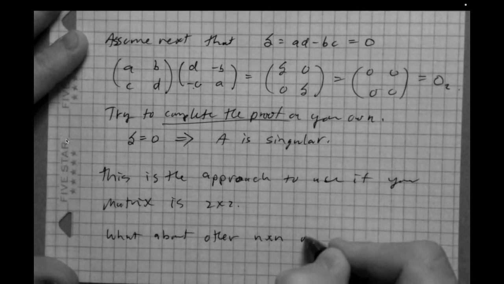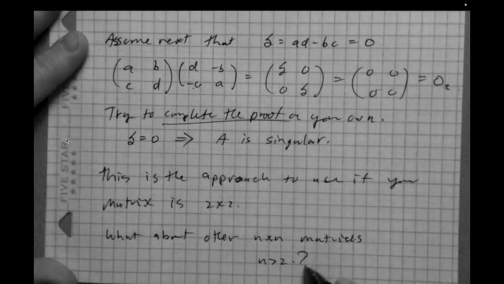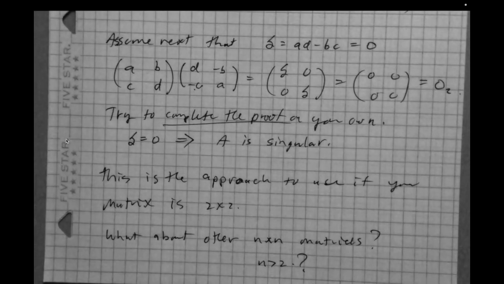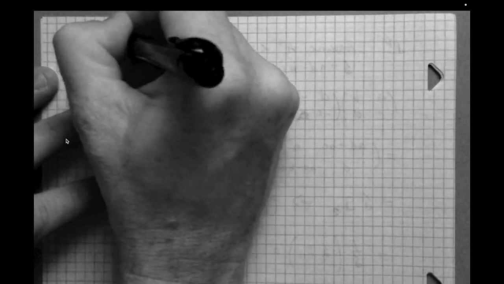What about other n by n matrices, n greater than 2? How do we find the inverse matrix for matrices with higher dimensions? Well, it turns out that it's a little more challenging, but there's a definite way to do it. And so here's the general method.